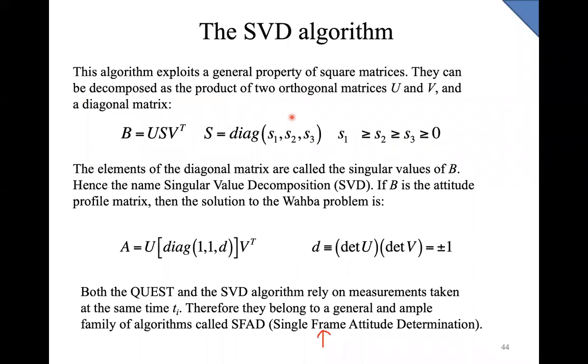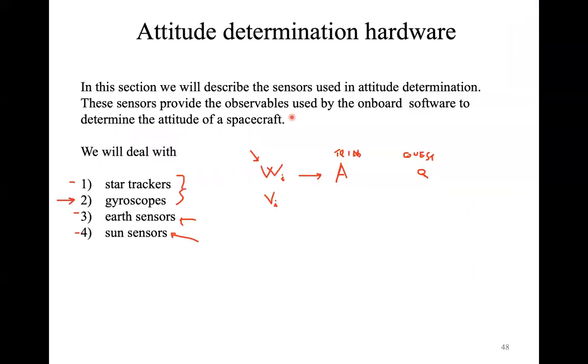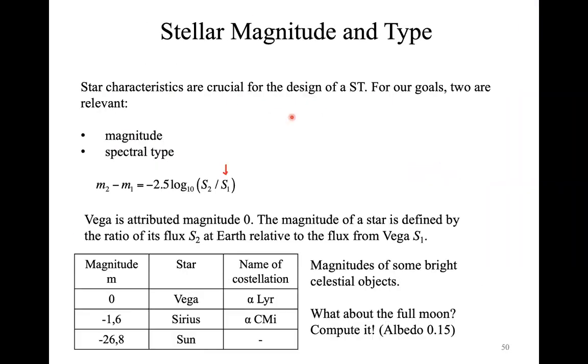Okay, so let's go back to the star trackers. As we have seen, so far we have introduced attitude determination algorithms that give you the possibility of a single frame determination. This means that you have a measurement at a certain time that gives you the attitude of the spacecraft at the time of your observation.